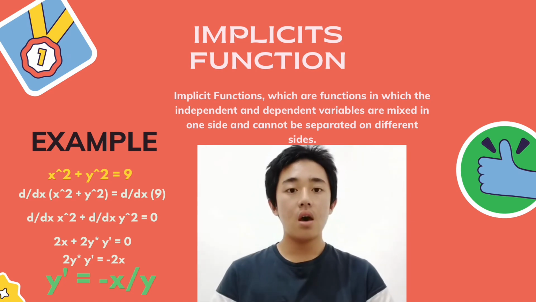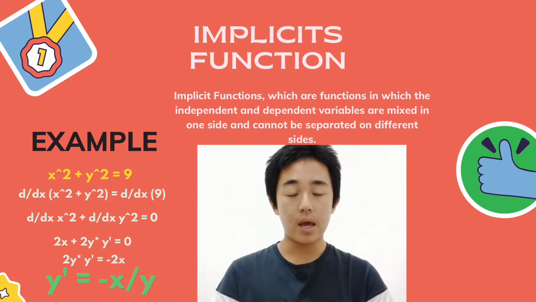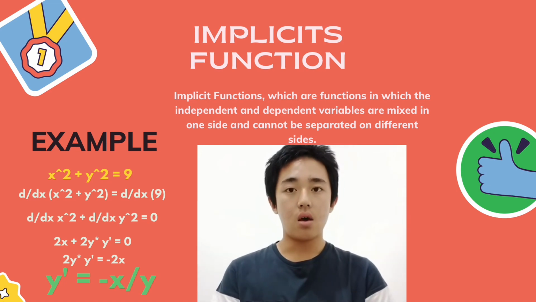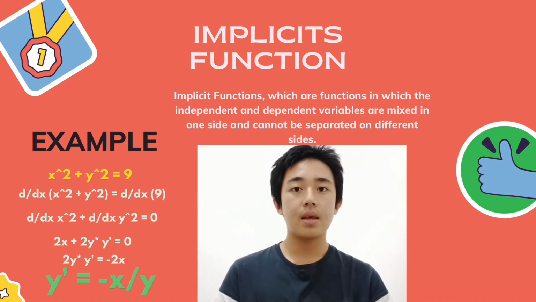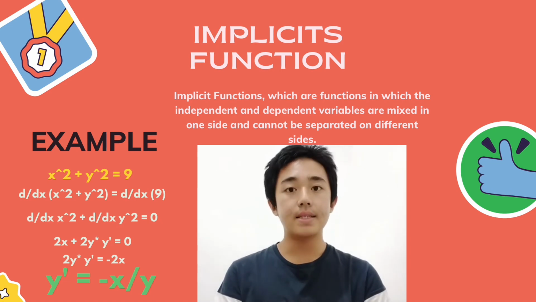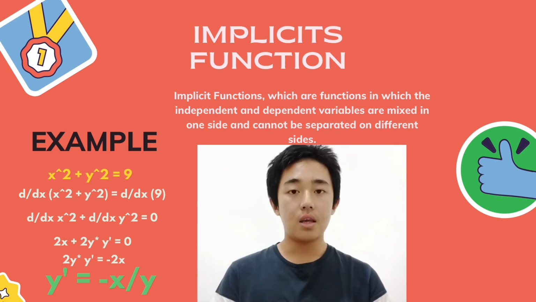So the derivative with respect to x of x squared plus the derivative with respect to x of y squared. x squared becomes 2x, because of course you already know 2 times x and then 2 minus 1, so it becomes 2x, plus we bring down the y, but remember this is with respect to x, so it is 2y times y prime, equals 0.